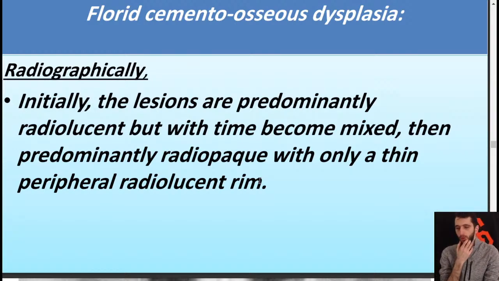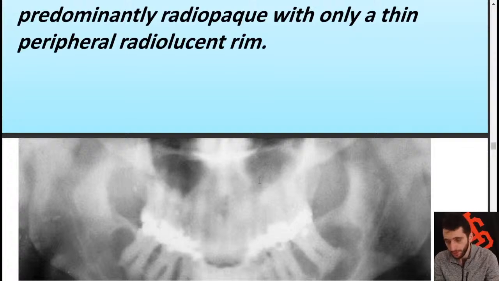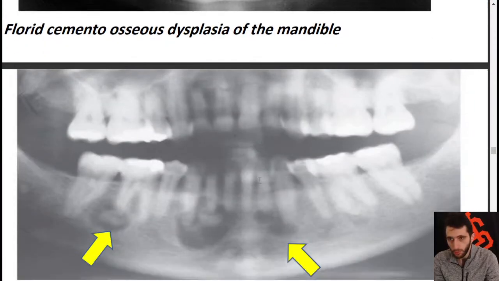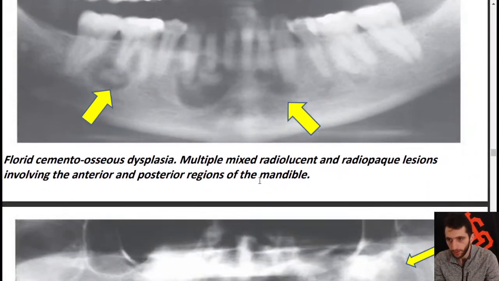Largely radiopaque with only a thin radiolucent rim. Same as the previous periapical lesion that was at the beginning radiolucent and gradually becoming more radiopaque.